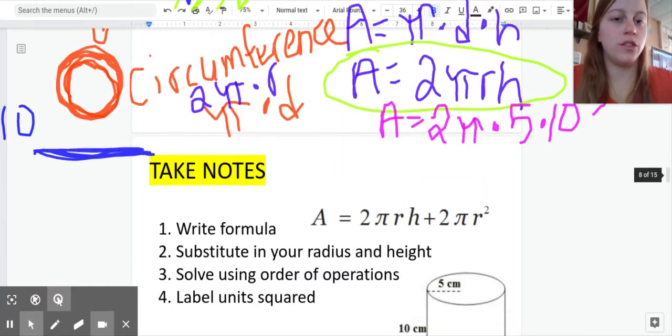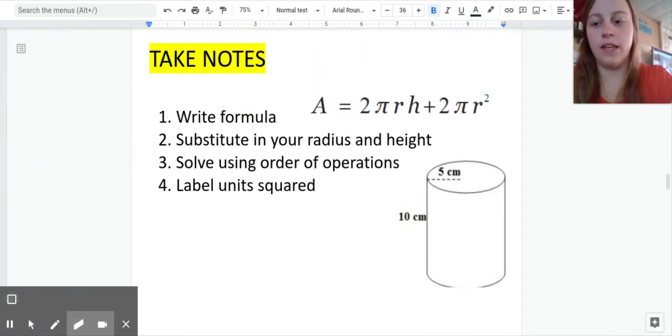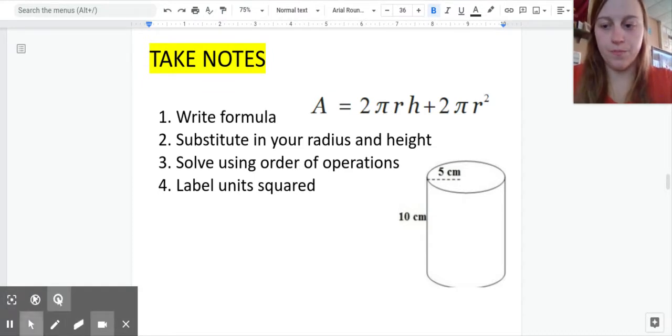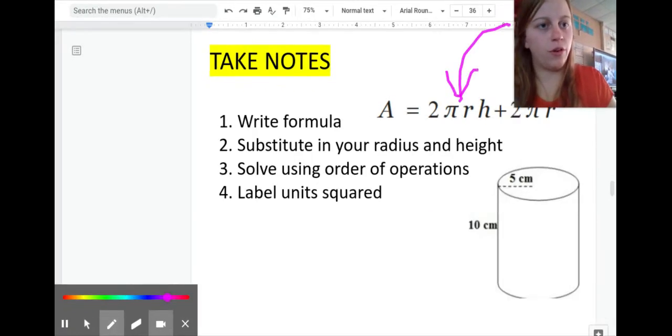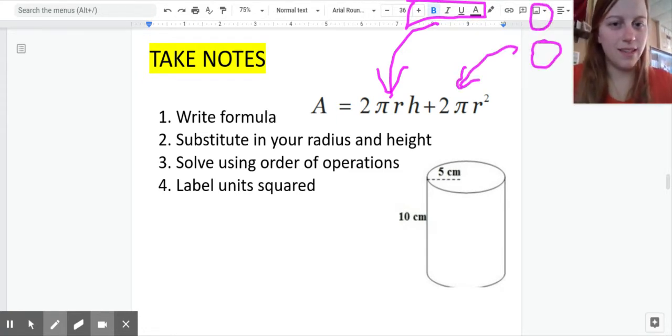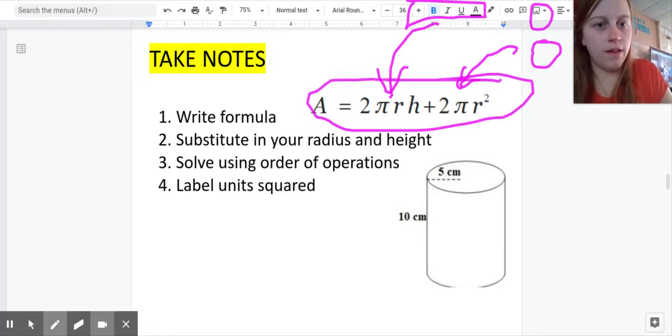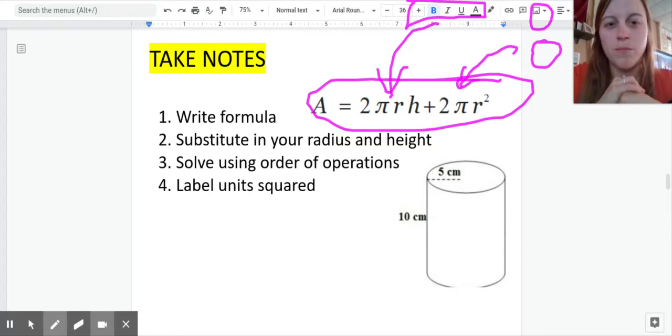So now we put those two parts together to get our formula of the entire cylinder. So here I have my formula of my lateral face, or my rectangle. And here I have the area of my two circles. So my formula, that's really important, you should probably write it down, is kind of long, but it's 2 pi rh plus 2 pi r squared.